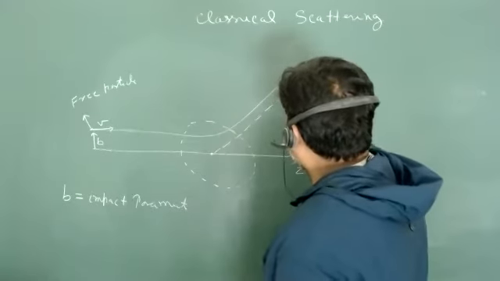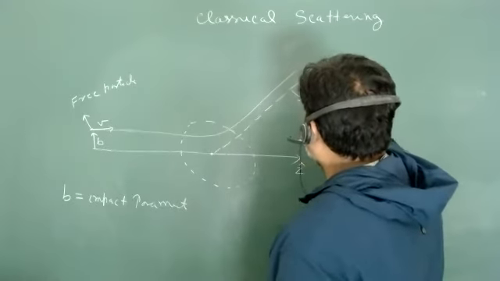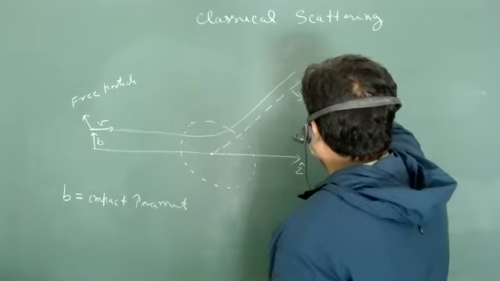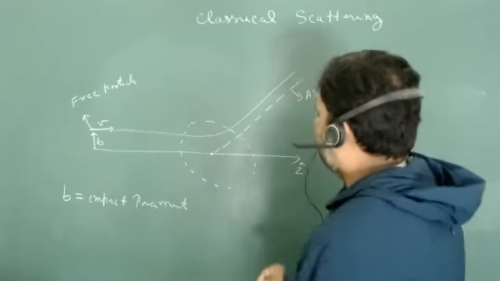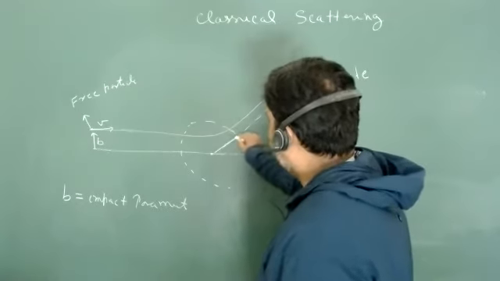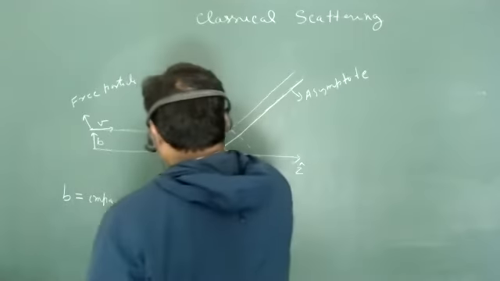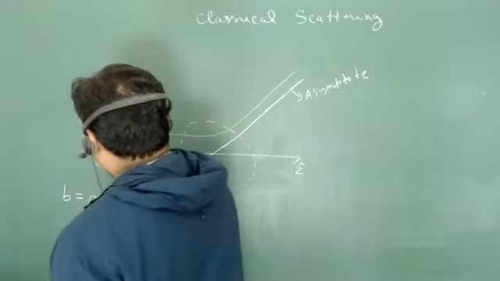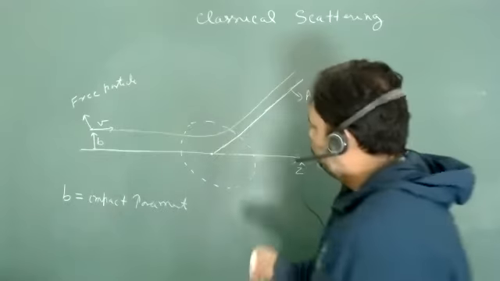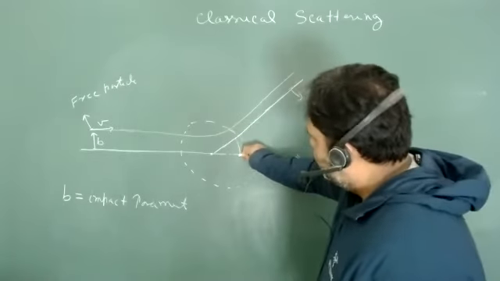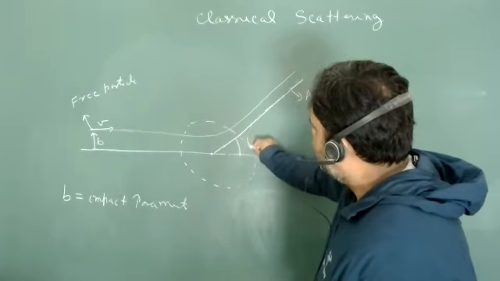Okay, this is nothing but the asymptote to the scattered particle. This is also an asymptote to the scattered particle. Now, this angle is identified as the scattering angle.